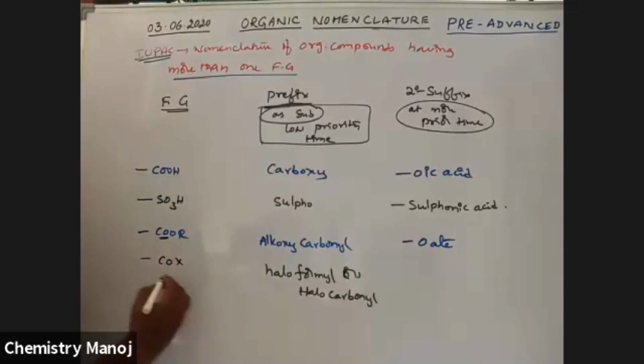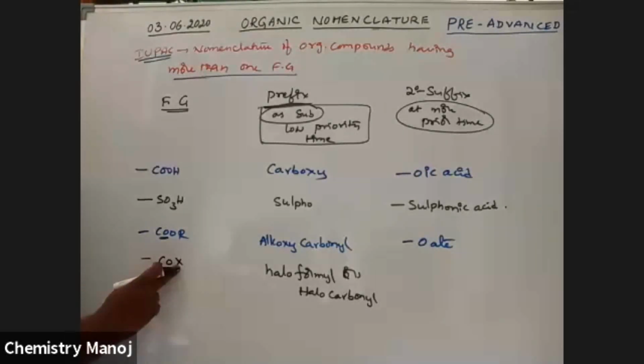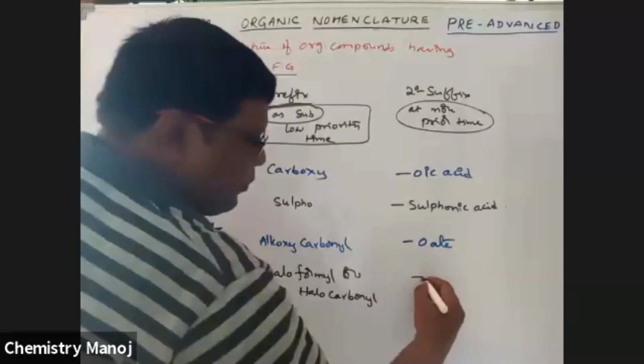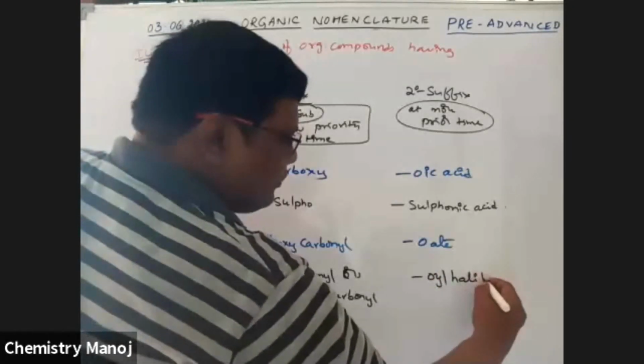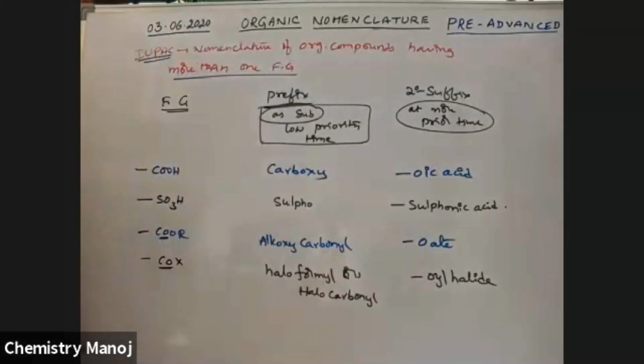In both cases, CO is taken as a carbonyl group. So the carbonyl group is attached to Cl: chlorocarbonyl or chloroformyl is taken. But as per IUPAC, it is oyl chloride, oyl halide. Already we explained this in class. Oyl halide.